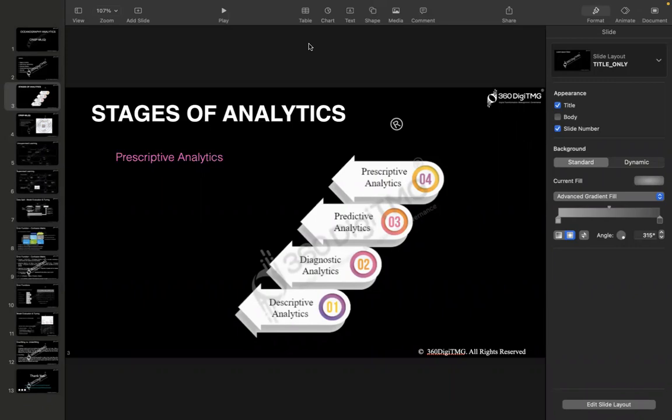It is characterized by techniques such as graph analysis, simulations, complex event processing, neural networks, recommendations, all these things.